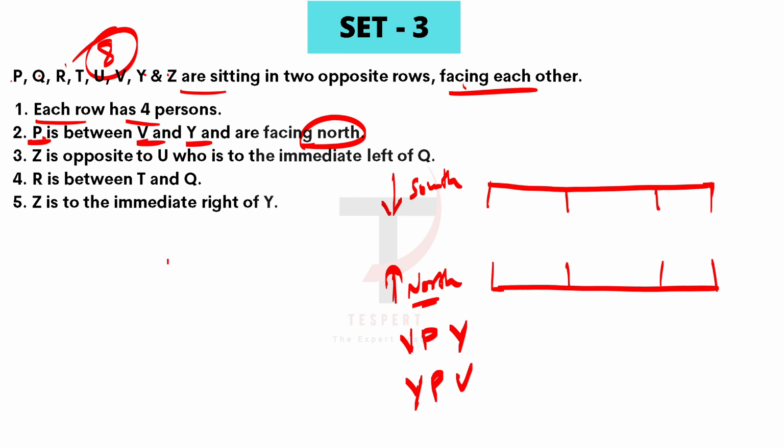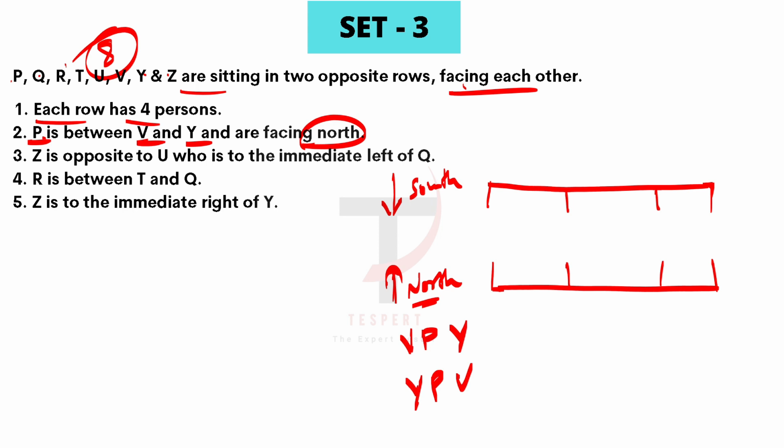Now the trick to solve these kind of sets is, whenever you solve a statement, you have to pick up the next statement which is actually connected to the previous statement that you already solved.